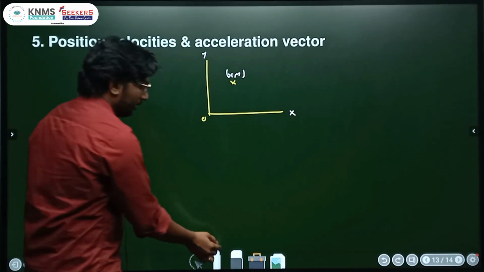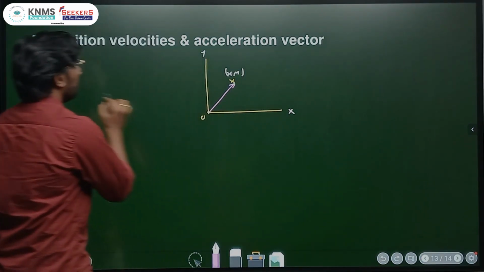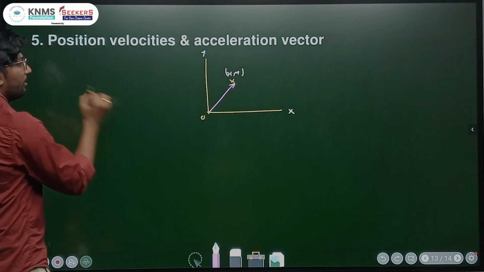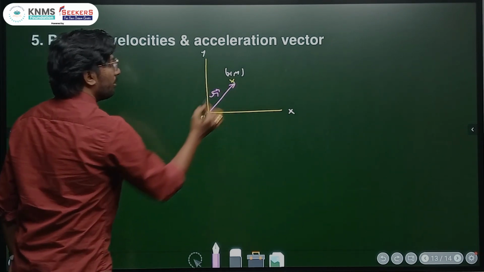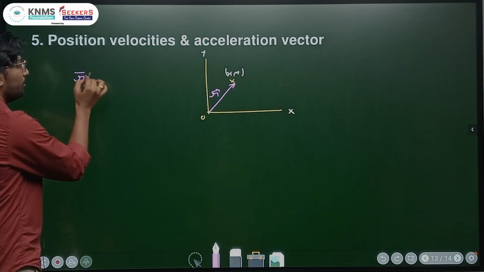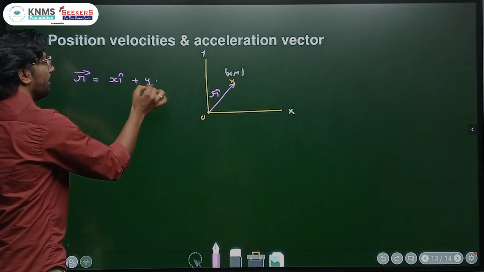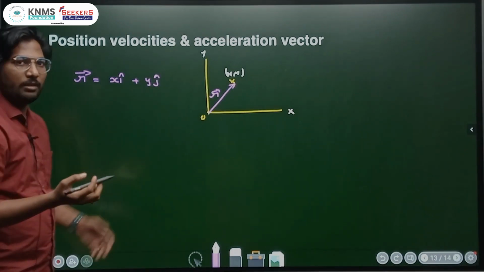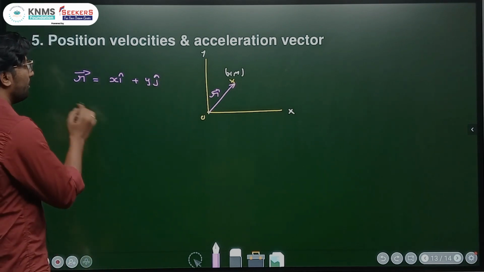According to vectors, the same thing we will write in terms of a vector quantity as the position vector. So here we will write this position vector as a combination of x and a combination of y. Therefore, position vector r, we can write as x i cap plus y j cap.